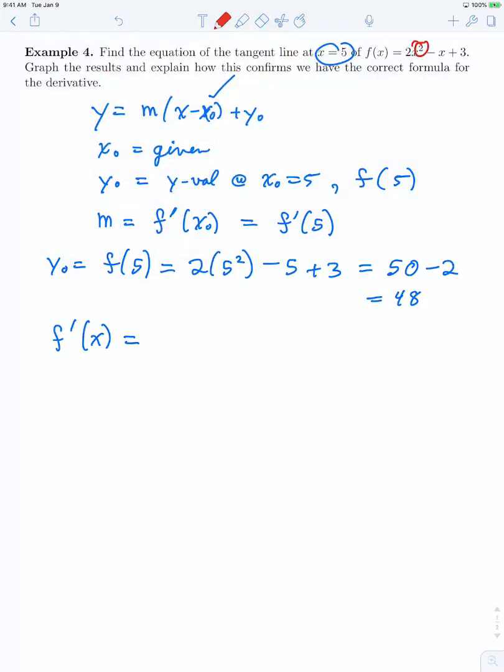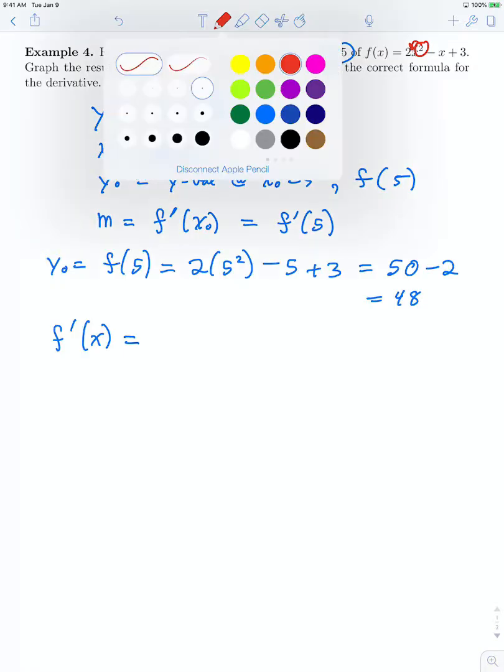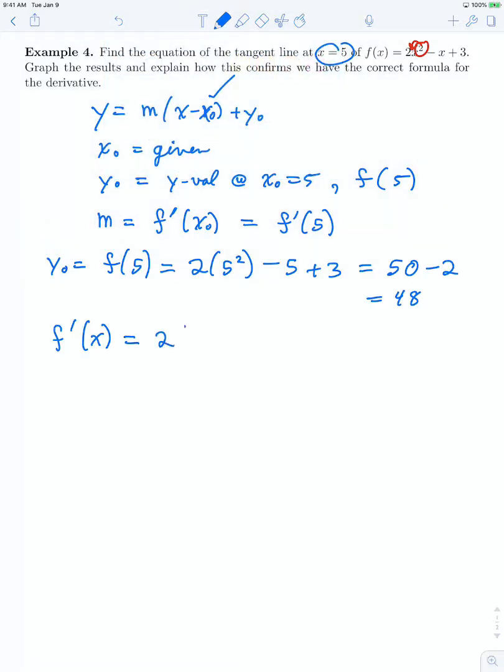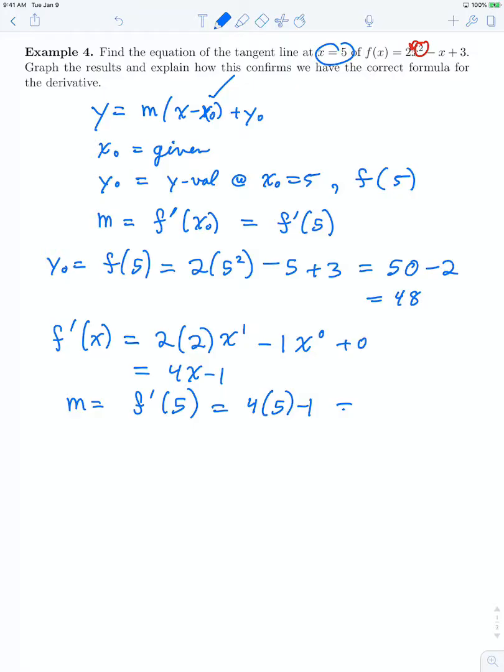So there was a square, I bring it down in front. This is 2 times 2x to the 1 minus 1, times x to the 0, plus 0. This is 4x minus 1. Okay, and so m is f prime of 5. So that's 4 times 5 minus 1, which is 19.